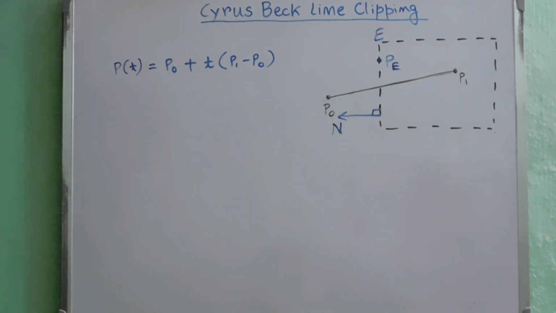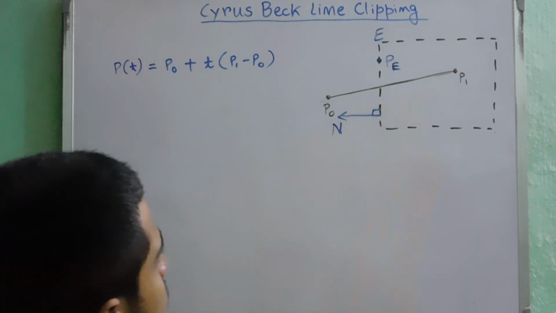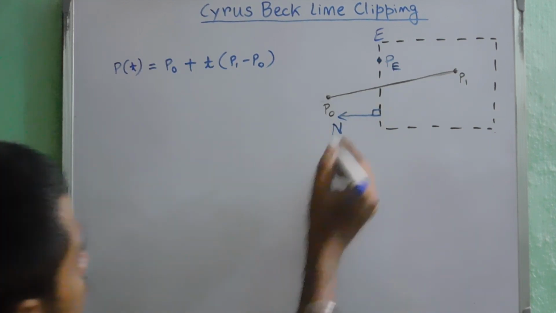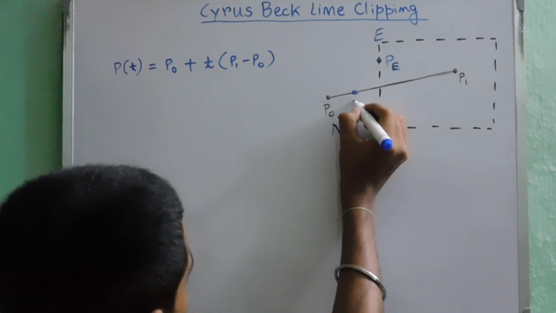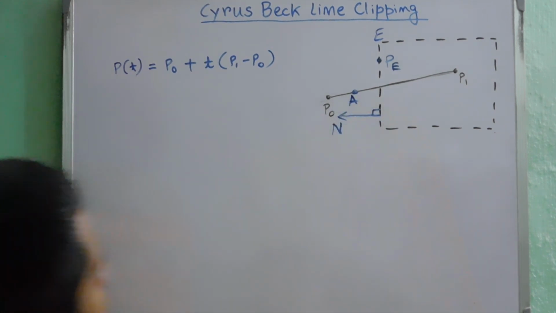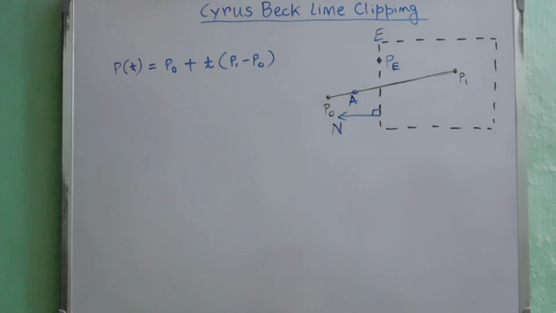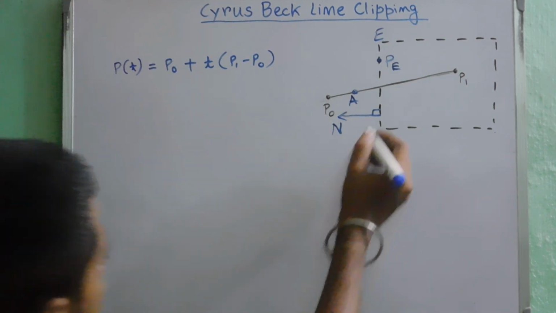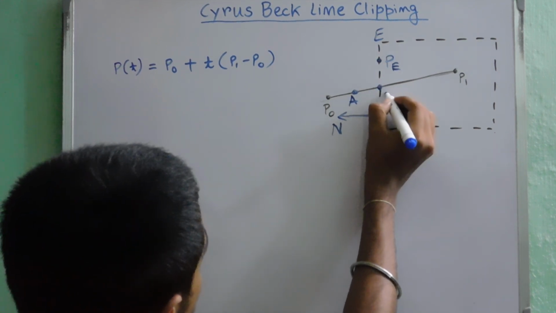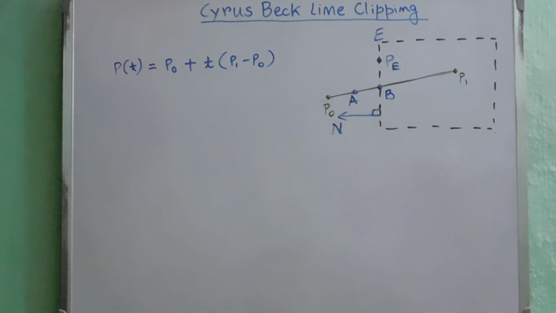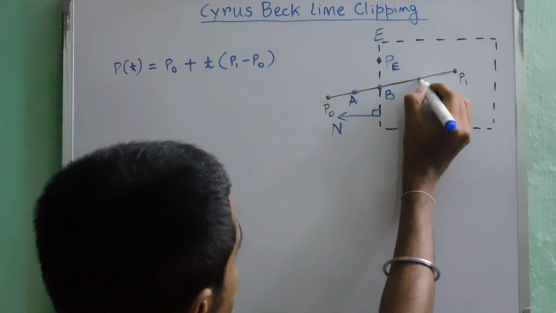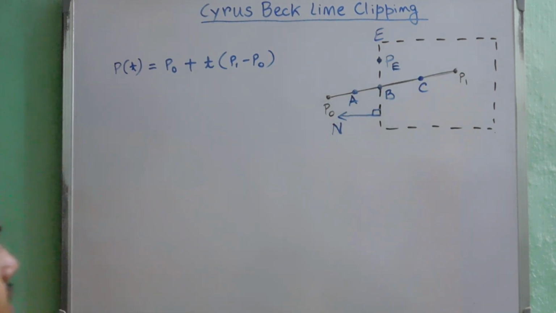The second point is selected on the line P0, P1 but outside the window. Let's say it's here and we name it as A. The next point is at the intersection of the line and the rectangular window, which will be here, and we name it as B. And the final point we select on the line P0, P1 but inside the window, so that will be here and we name it as C.